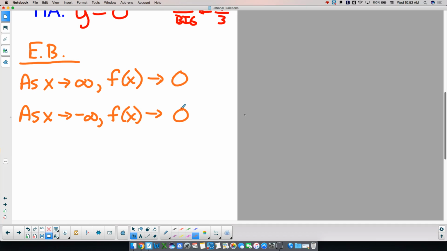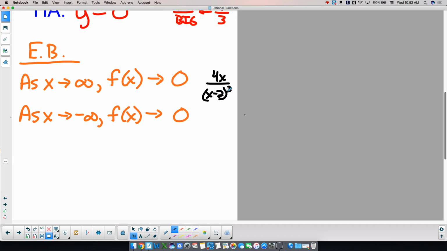So if I put in a super ginormous number into 4x over x minus 2 quantity cubed, if I put in a really big number, positive, I'm going to get a nice big number on top. But it'll still be positive, right? On the bottom, I'm going to cube that nice big number, and it's going to be even much bigger, right?